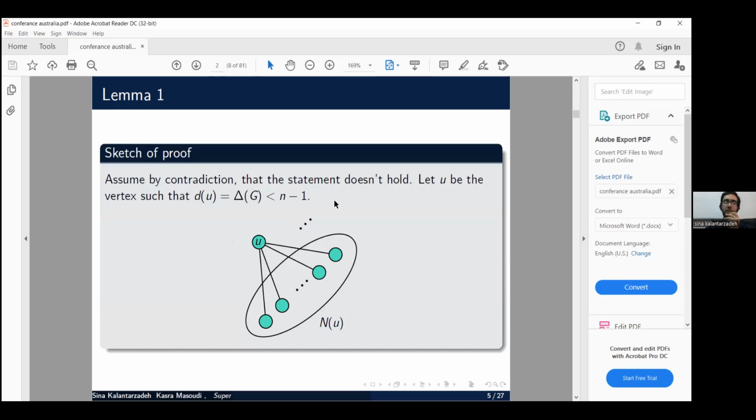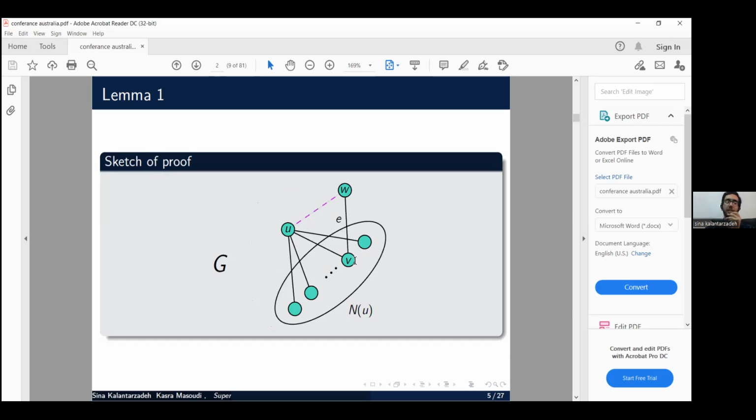We assume by contradiction that the statement doesn't hold. So we consider the vertex U, whose degree is equal to delta of G, and we assume that it is less than n minus 1. Here is U, and these are the neighbors of U, and these are all other vertices.